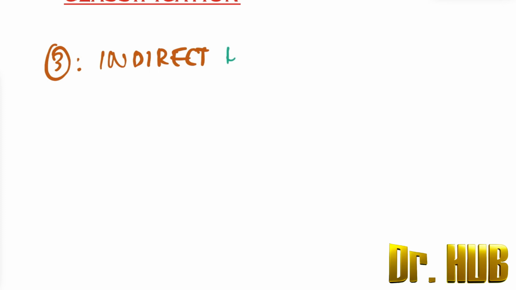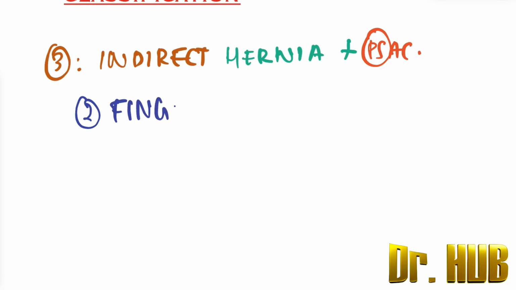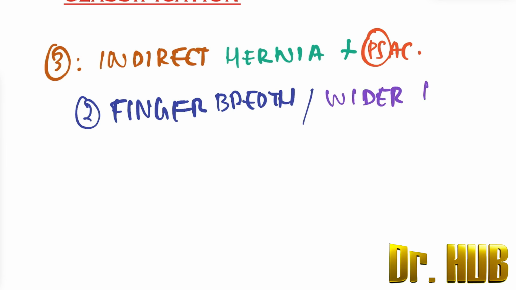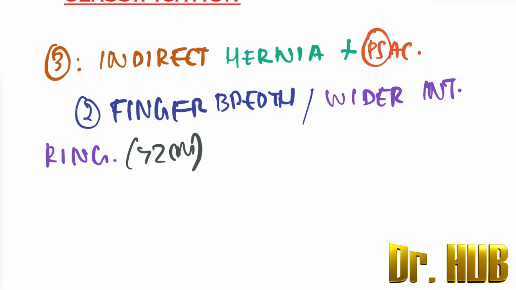Here there is also a peritoneal sac, and it comes through a 2 finger breadth or wider internal ring, that is, greater than 2 centimeters.